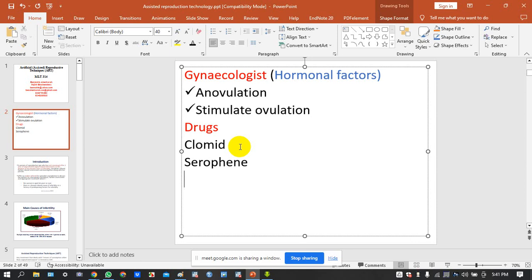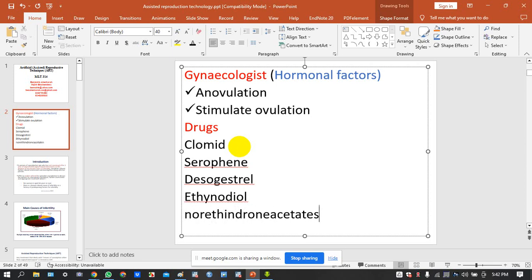We also have estrogen analogs such as desogestrel, ethinyl estradiol. There are many, but I'll just list a few. Norethindrone acetate. So these ones are the estrogen derivatives.